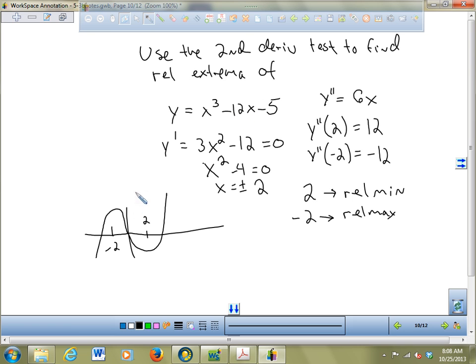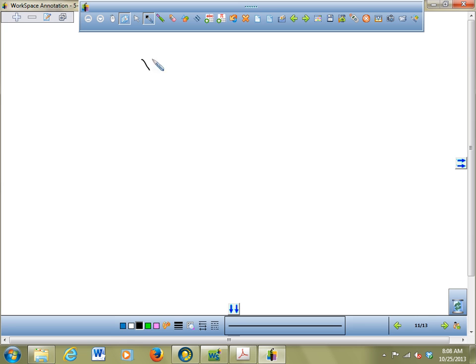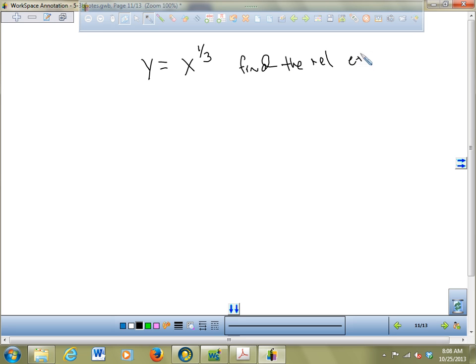Lastly, I just want to show you y equals x to the 1/3 power, and I say find the relative extrema with the second derivative test.